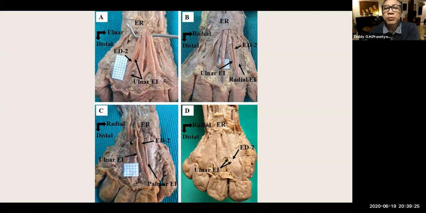So the variation tells us that the number of extensor digitorum communis tendons may not be only 4, responsible for 4 digits, but may come as 5. And what is unique on the ulnar side, the EDC for the little finger may have more variation, may come as 5 tendons or 5 fibers.